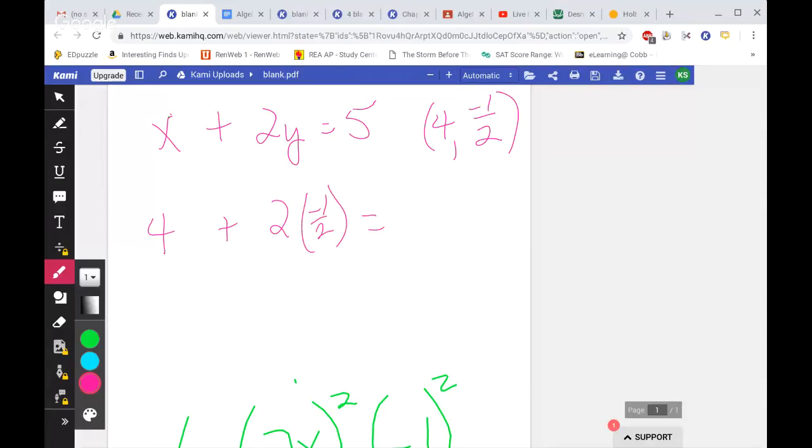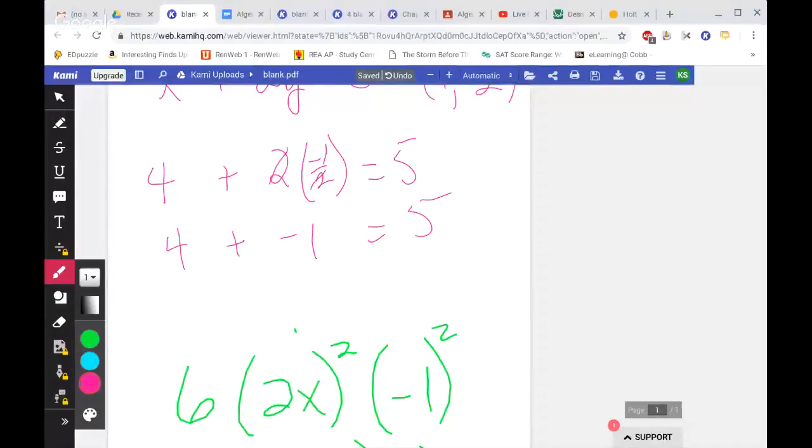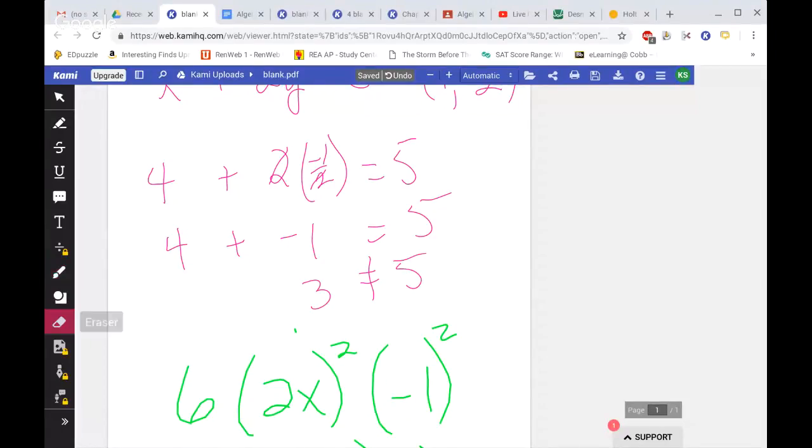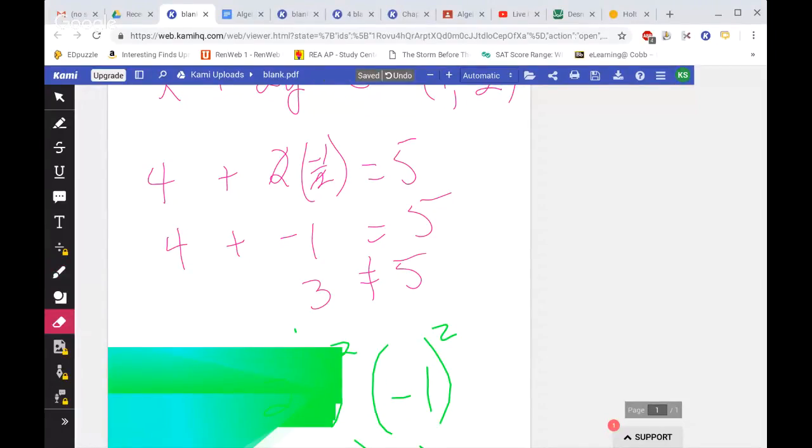We're praising God about that because the 2 is a multiple of 2, so that cancels and becomes a -1. So we have 4 plus -1 equals 5. And 4 plus -1 is what? 3. And does 3 equal 5? No, it does not.